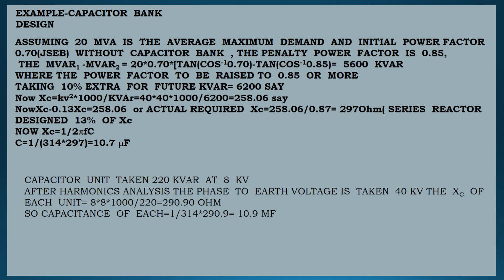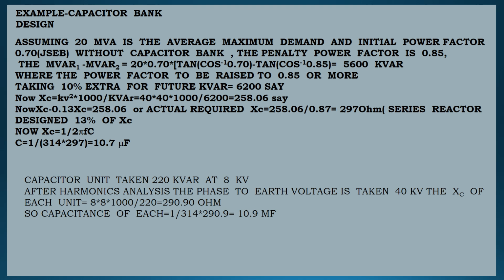Again, there is a formula, Xc is equal to kV square into 1000 by kVAr. In my previous discussion, I have shown how to derive it. But our bus voltage phase to earth is taken as 40 kV after harmonics analysis.